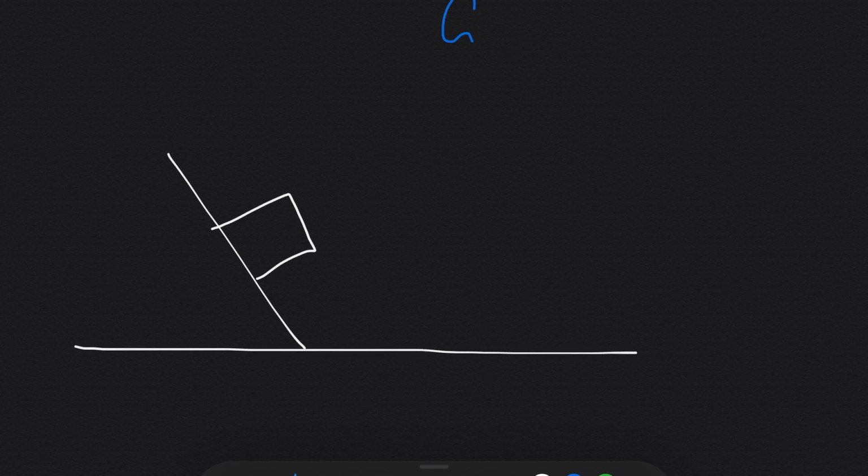If the surface was inclined at an angle, so the block looks somewhat like this, and when I say inclined, this is the ground, okay? Gravity will still act downwards, which is in this direction, but the normal force will be perpendicular to the surface. Perpendicular means 90 degrees to the surface. So if I was drawing this with a ruler, I would make sure it should be 90 degrees oriented. And that's the normal force.